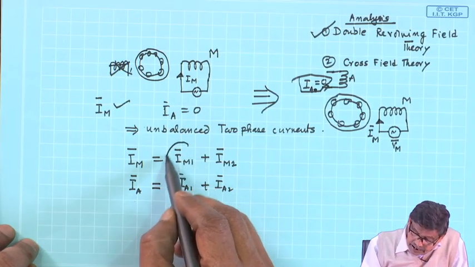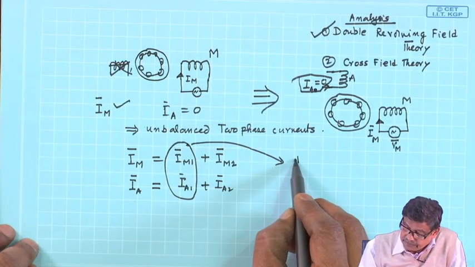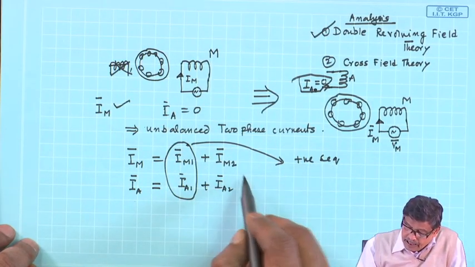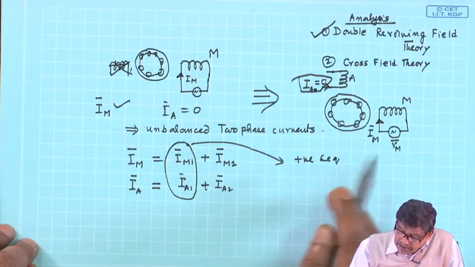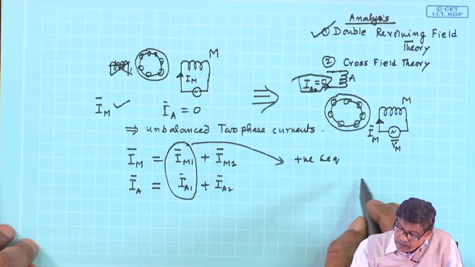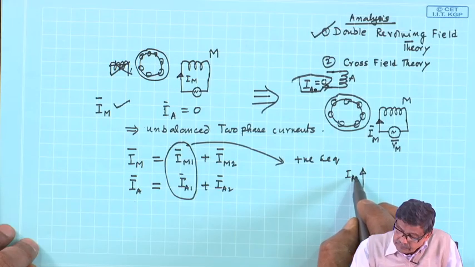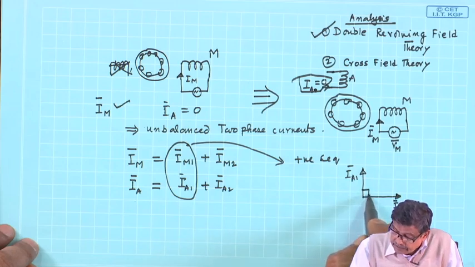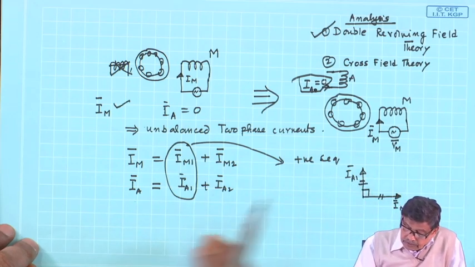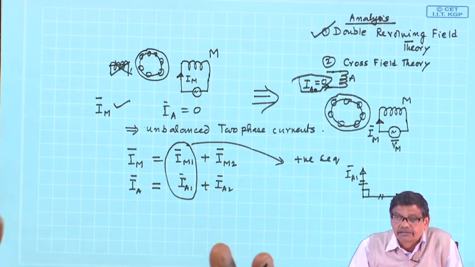This I m 1 and I A 1 is the positive sequence, and it is a balanced two phase current, and the relationship between them will be, suppose this is I A 1 and this will be I m 1 and this is 90 degree. These two lengths are same.